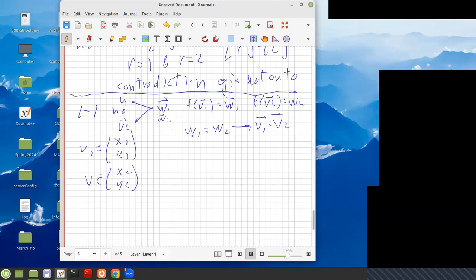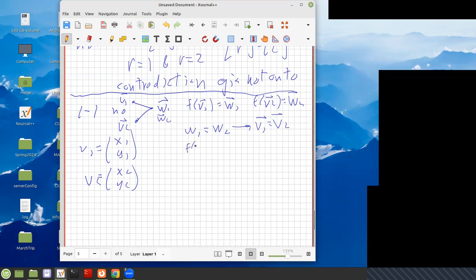I can't have two elements here. Imagine me reaching into the codomain blindfolded and picking out two elements, w1 and w2. Because I'm blindfolded, I could have chosen two elements the same. If we do, and we look at the pre-images where they come from, if w1 equals w2, then it has to be that v1 equals v2.